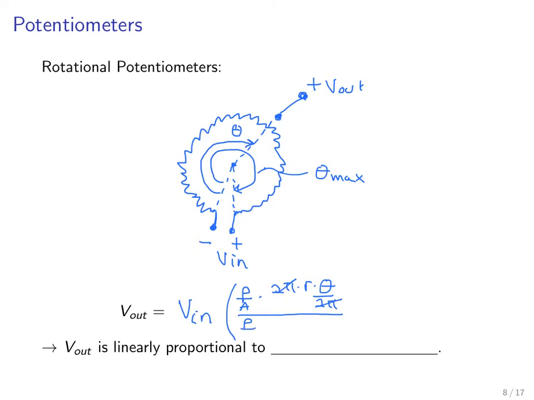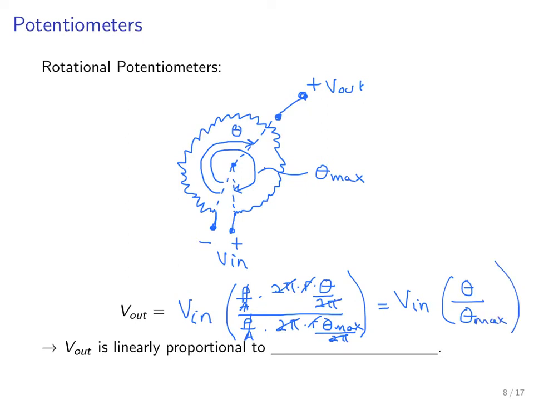Divided by rho over A, which again cancels with the top, times 2 pi R times theta max over 2 pi. And again, the 2 pi's cancel here too. The R's also cancel. And so what we get is this drastically reduced equation that Vout is equal to Vin times theta, the angle that the wiper has gone through, divided by theta max, the maximum possible angle for it to go through. And we then get that Vout is linearly proportional to angular position.